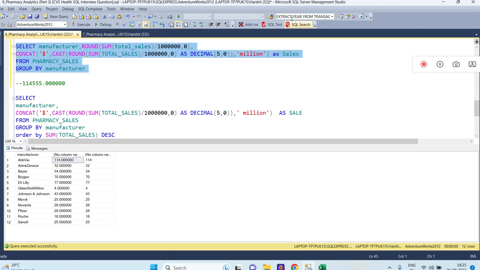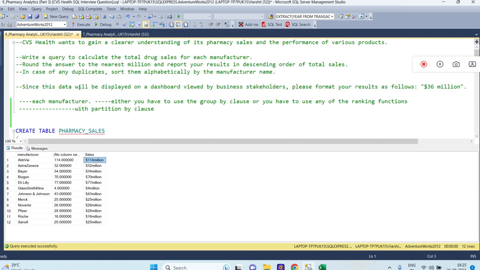Now let me execute this one. If you see over here, $114 million, then $32 million. Now only one thing is pending. We need to do order by, right? Because what it is saying over here is in descending order of total sales.